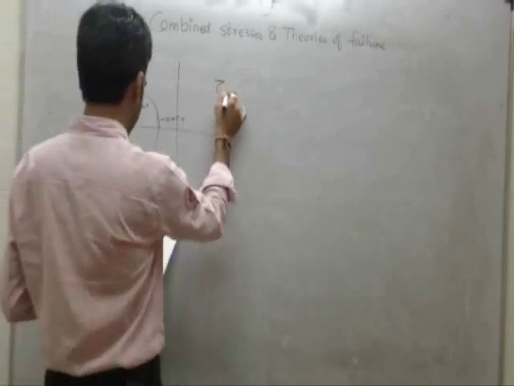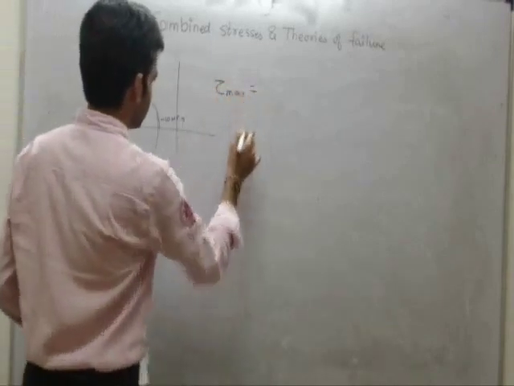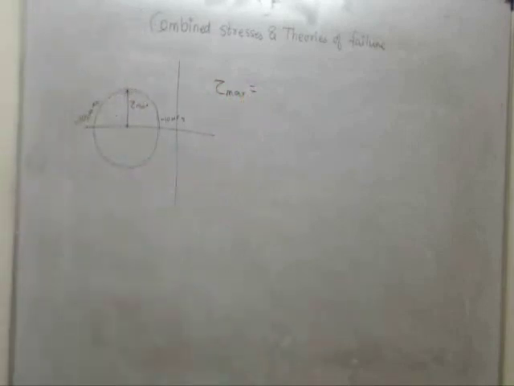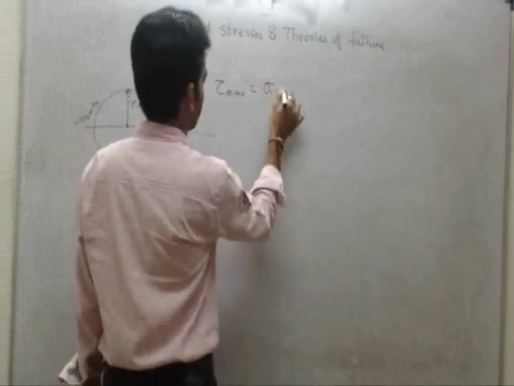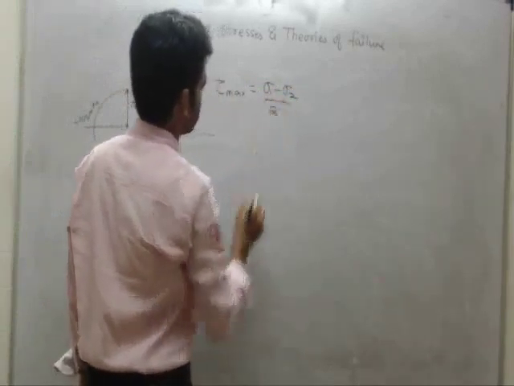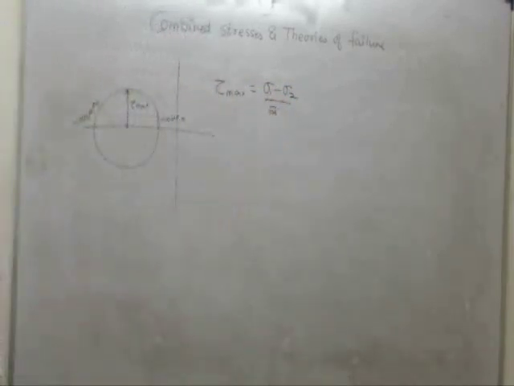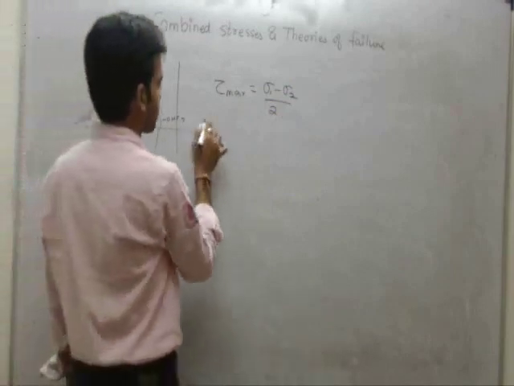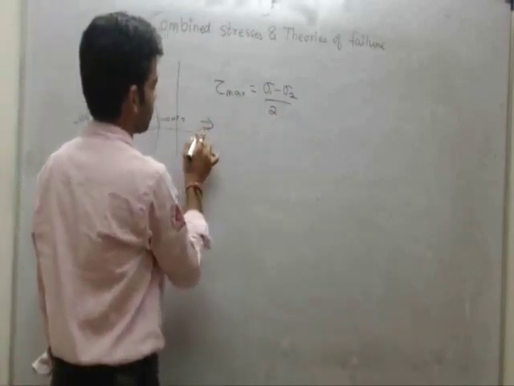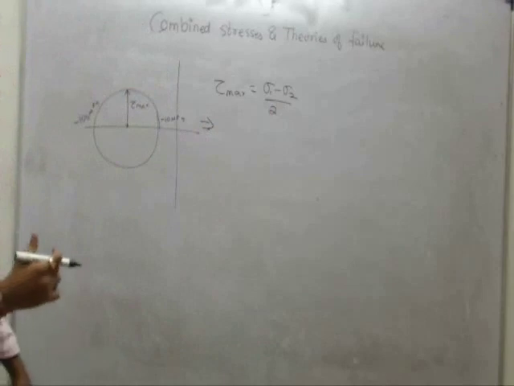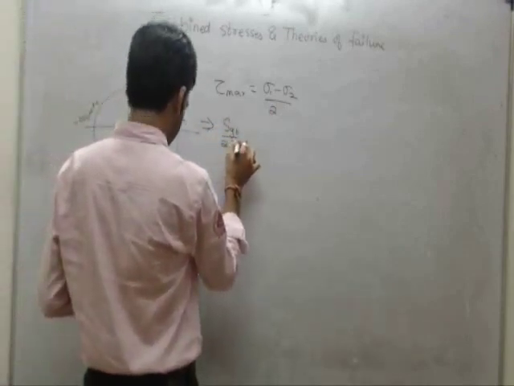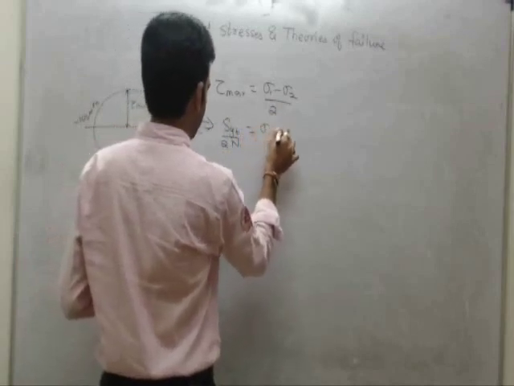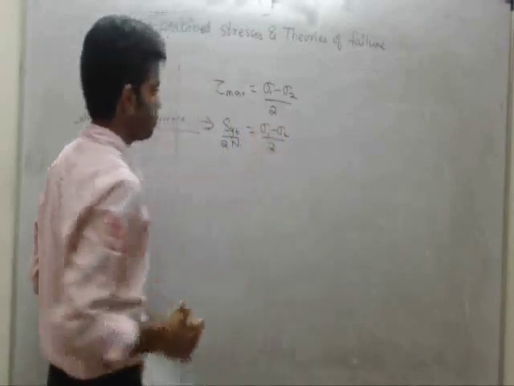We know that tau max is equal to sigma 1 minus sigma 2 by 2. Okay, or this tau max, maximum shear stress, or we can say permissible shear stress, this will be equal to SYT upon 2n is equal to sigma 1 minus sigma 2 by 2.